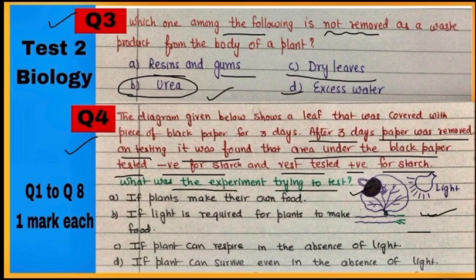This experiment is trying to test if light is required for plants to make food, because the portion of the leaf covered with black paper does not get light and will not prepare any starch. So it is giving a negative test for starch. So the correct choice is B.